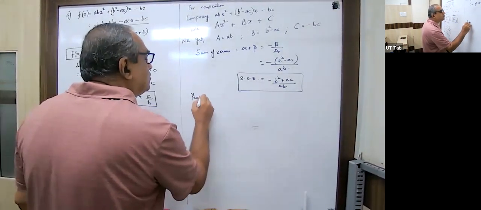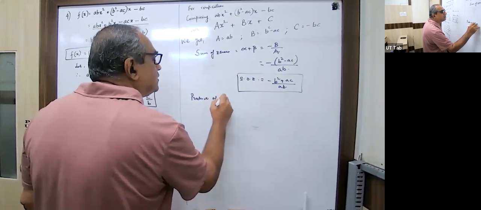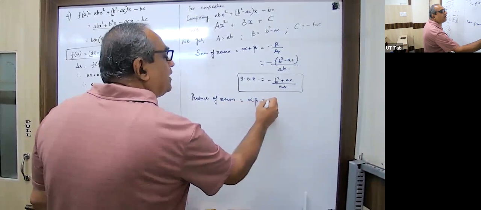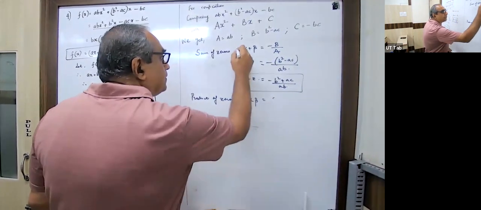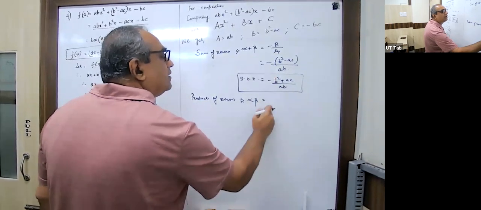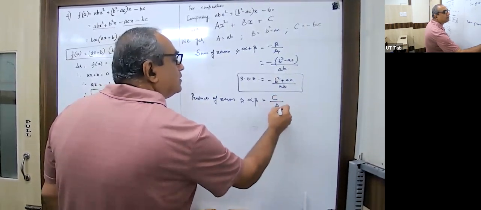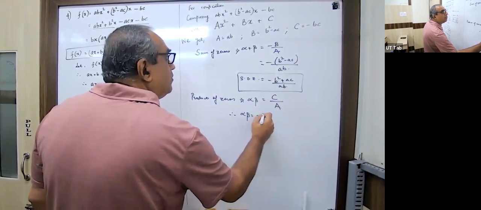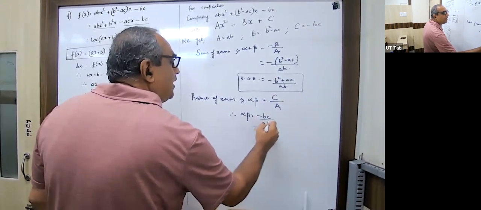Product of zeros, alpha into beta, that is C by A. Alpha into beta minus BC by AB.